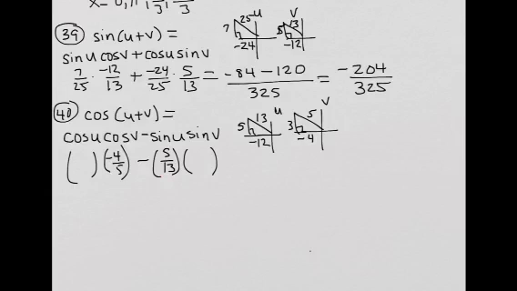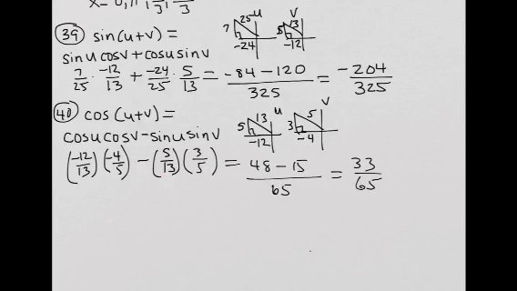So cosine u, you go to angle u, and it's negative 12 over 13. And sine v, you go to angle v, and it's going to be 3 over 5. And just like the previous one, you simplify. You get 48 minus 15 over 65, and that's going to give you 33 over 65.